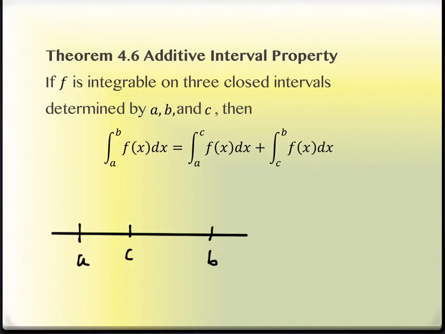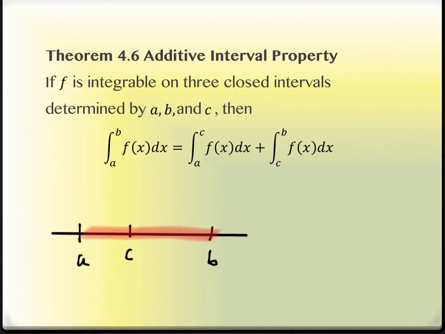We've talked about this when we did the intermediate value theorem. If we go all the way from A to B, and it's integrable, and it's also integrable from A to C, which it automatically would be, and from C to B, then we could actually split the integral up. So if I found the area between A and C, and I added it to the area between C and B, it would be the area going all the way from A to B.